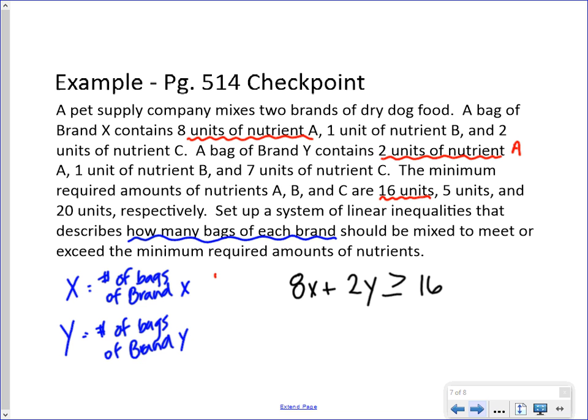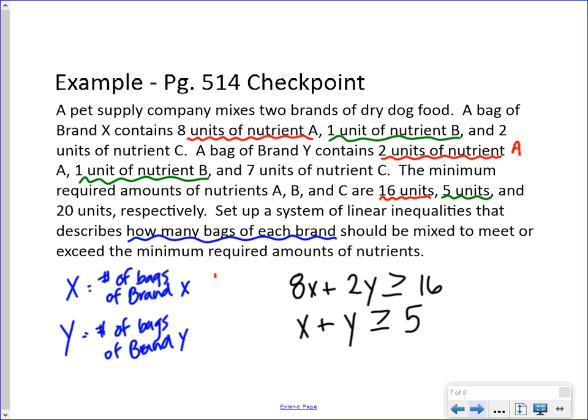What are the other inequalities? x plus y. Where is the 3 coming from? 1 unit of nutrient B should be 5 units.